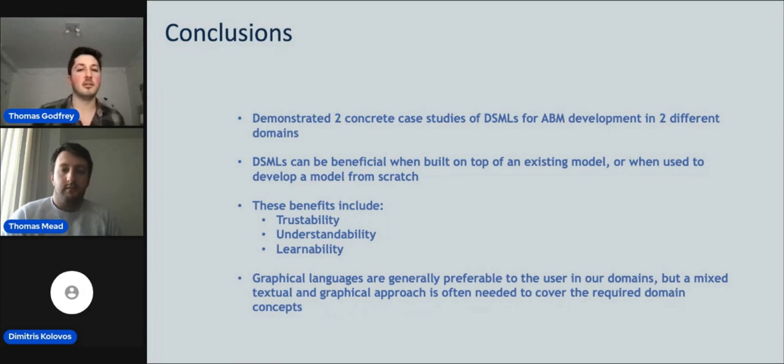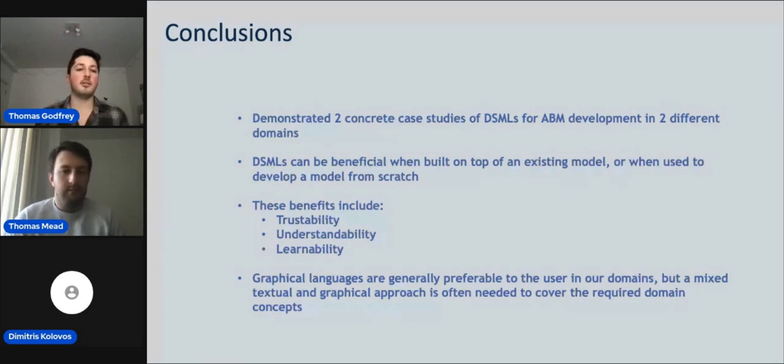Namely, we believe our DSLs improve the trust domain users have in this technology, so in using agent-based modeling. We've improved the degree to which the users understand how ABMs work and how outputs are generated, and also the ease at which users can learn how to develop their agent-based models.